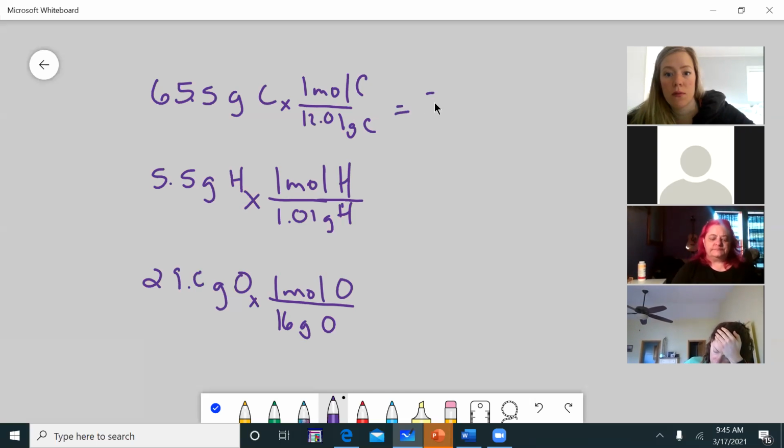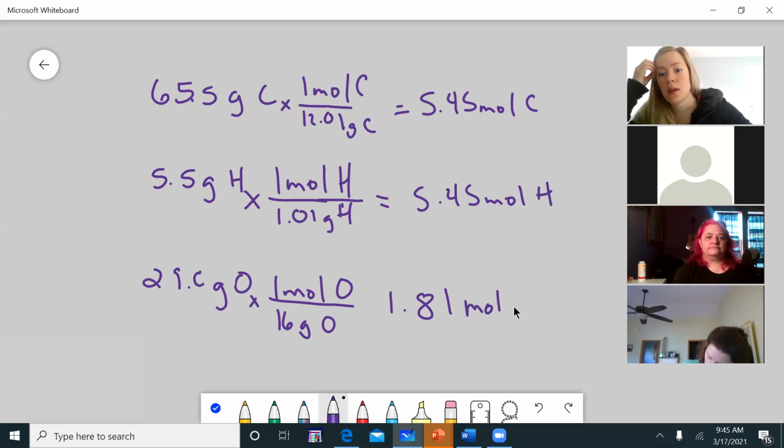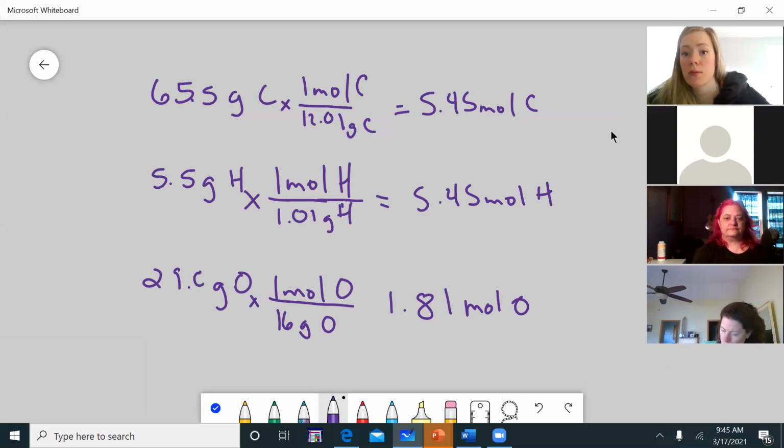So this first one, I get 5.45 moles carbon. This next one, I get 5.45 moles of hydrogen. I like that those are like a similar ratio, right? This last one is what, 1.81 moles of oxygen. So this is the correct ratio, but they're not whole numbers.